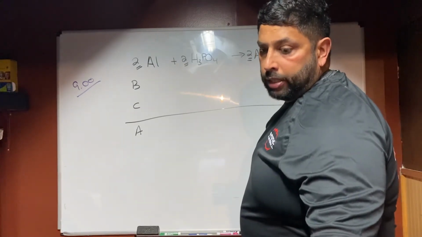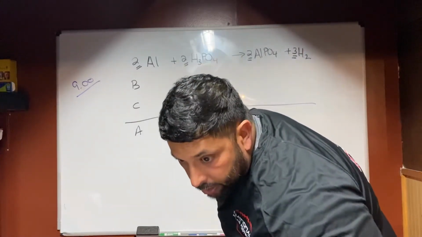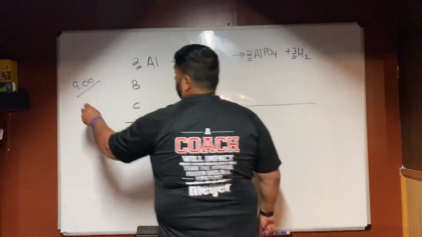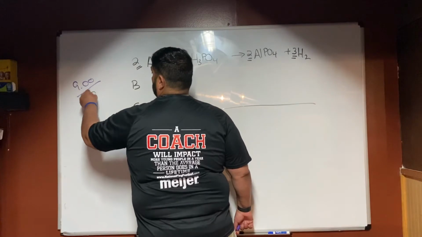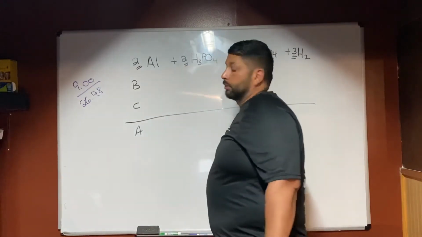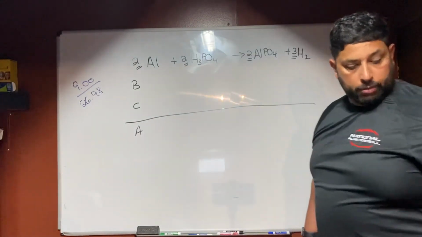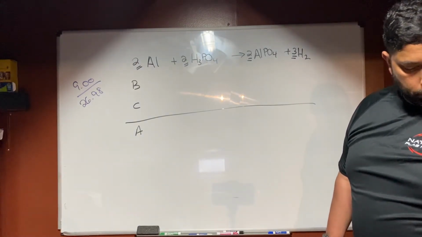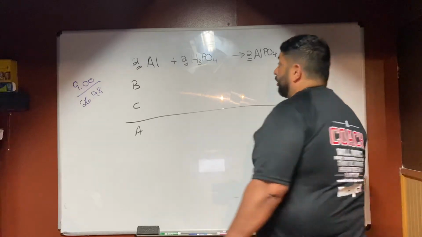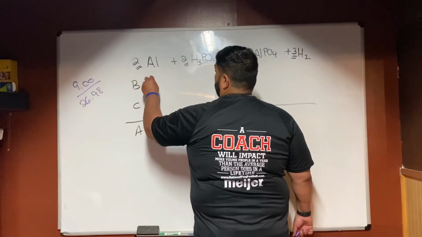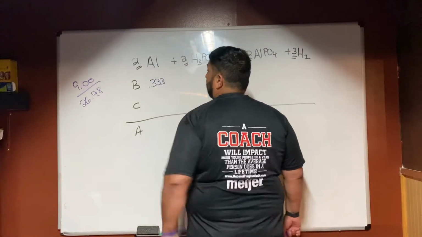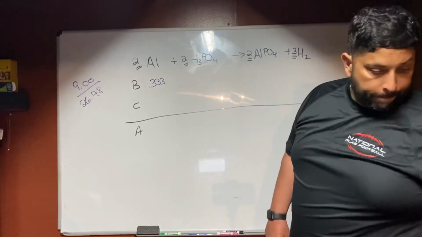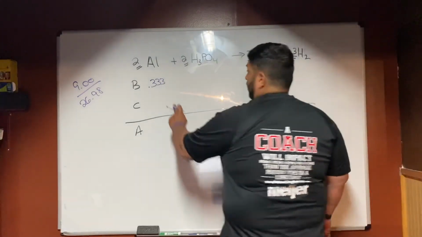I'm pulling up a periodic table, which gives 26.98. When you put that in your calculator, you get 0.333, right? Yeah, 0.334 technically.